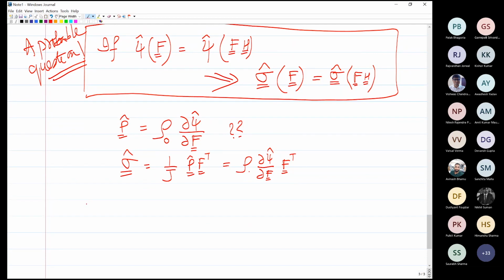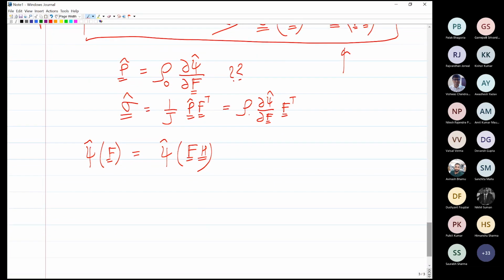So starting from psi hat of F is equal to psi hat of Fh, let me try to show you that indeed you can derive this. Then it won't come in the major exam. I think it's good to show you.